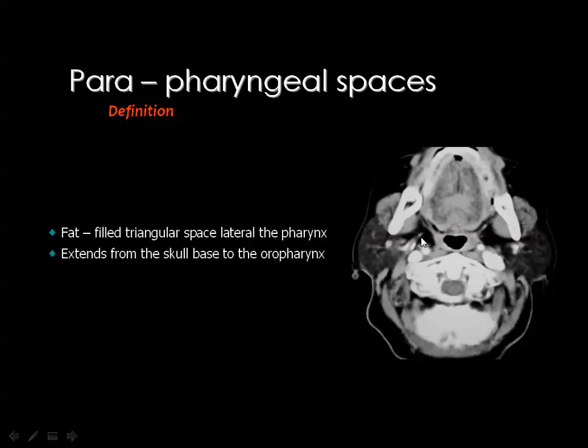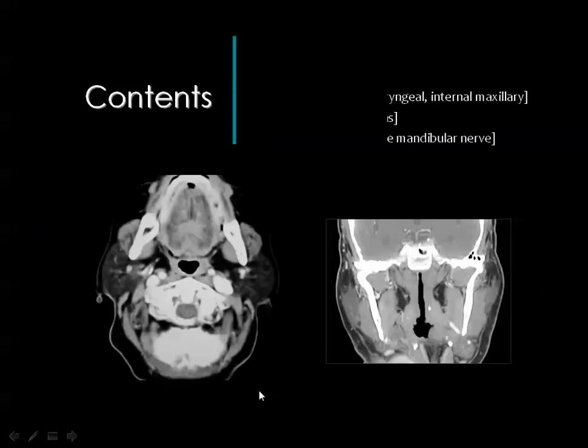Then you see a more or less triangular shaped area which is filled with fat, and this is the parapharyngeal space. It is intimately related to many of the spaces in the head and neck or in the suprahyoid neck, and it is considered a very important anatomic landmark for evaluation of this particular area.